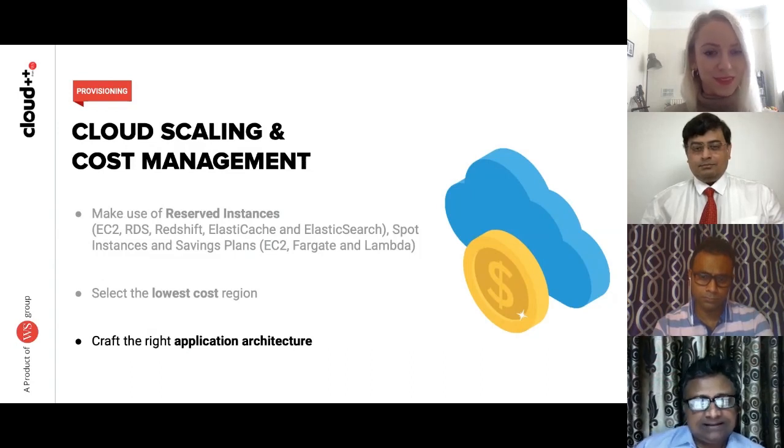The last bit in this section is to craft the right application architecture. You may want to know how it is related to cost optimization. At the end of the day, it is the application which is consuming your resources, so how you design the application and the way it consumes resources will definitely impact your cost.